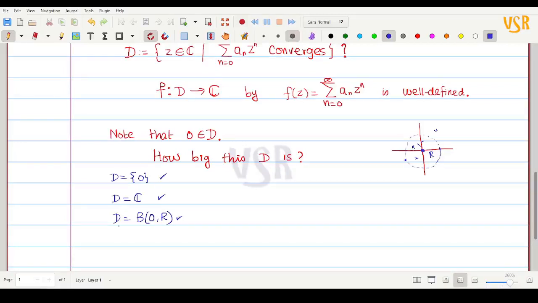இந்த மூணு எப்படி நடக்கும் அப்படின்னா, this domain completely depends upon the convergence of the series, the convergence of summation n equal to 0 to infinity a_n z to the power n, depends on the coefficient of the series.